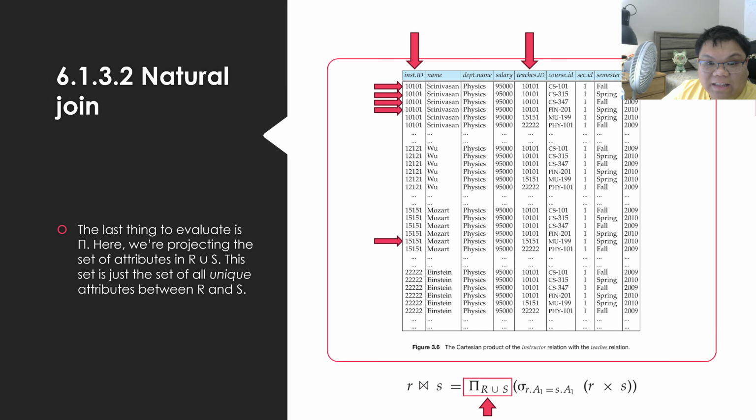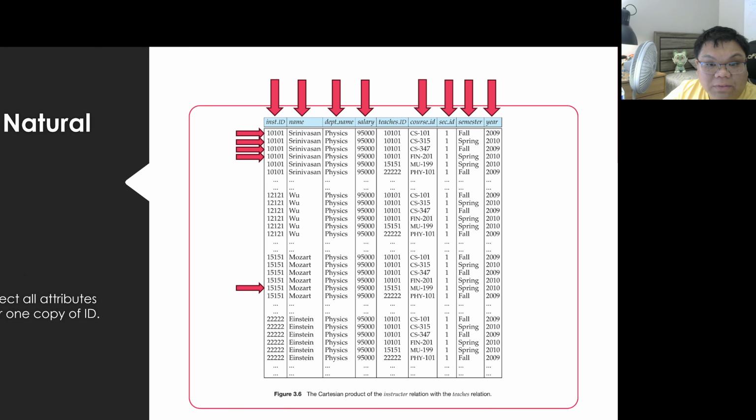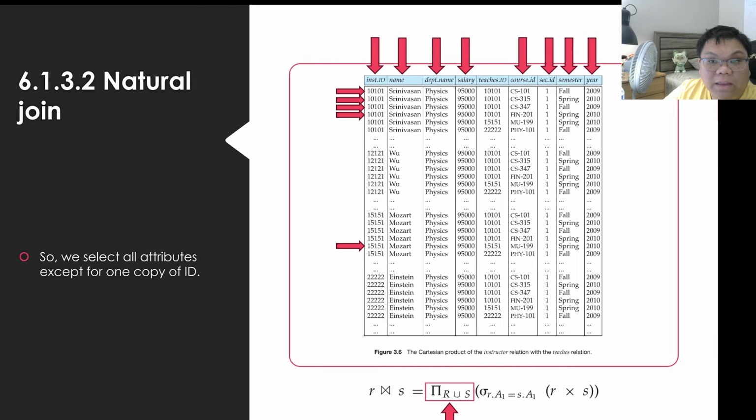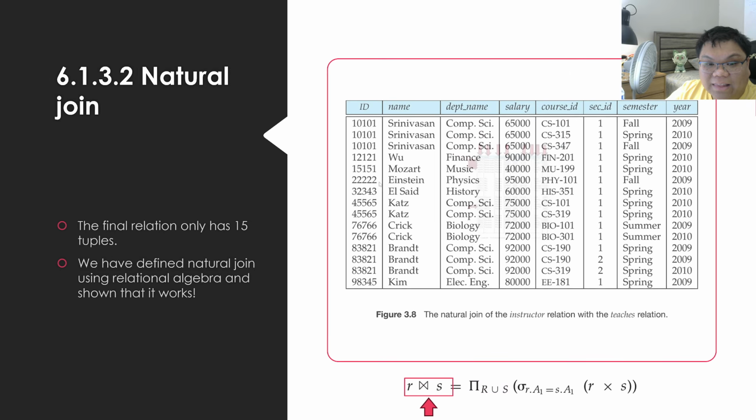In other words, we're just going to select all the attributes, but we're only going to select one of the ID attributes. And I'm just going to arbitrarily select the first ID attribute here. And now, we're almost there. All we got to do is proceed to the next slide, see it shrink away, and there we go. We have defined our natural join R bow tie S.